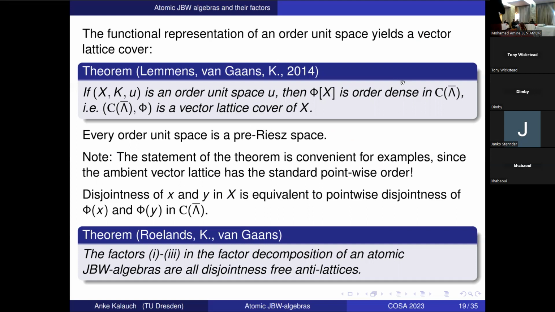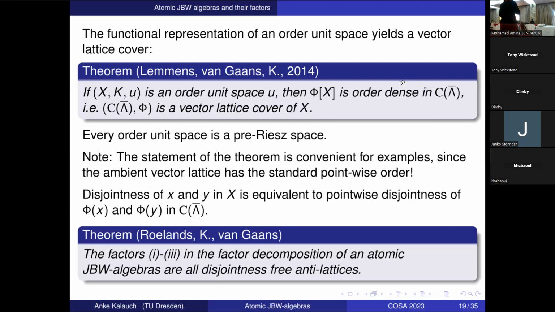So by the classical functional representation of Kadison, we get in fact a vector lattice cover. And this makes the world nice, because now we can translate everything to this C of lambda bar space. And we have there pointwise disjointness, so there one can see what's going on.